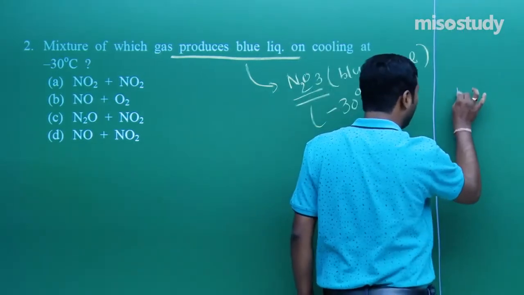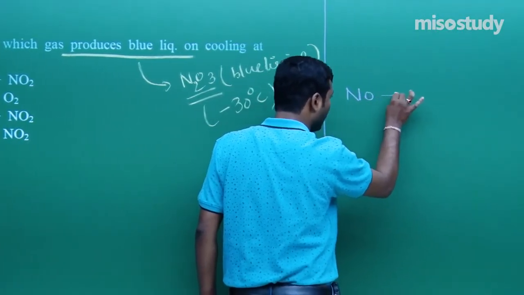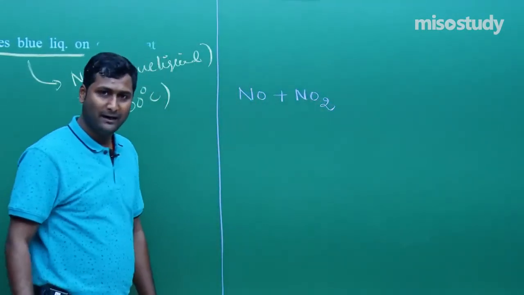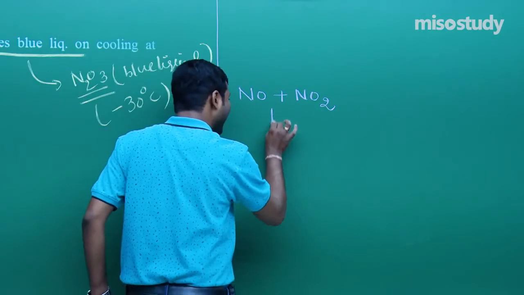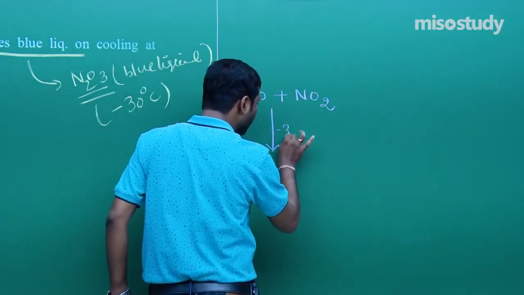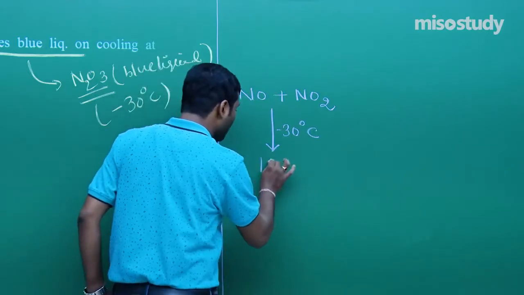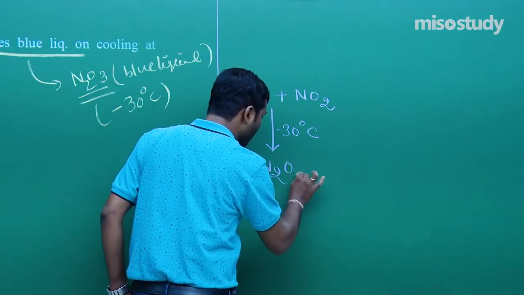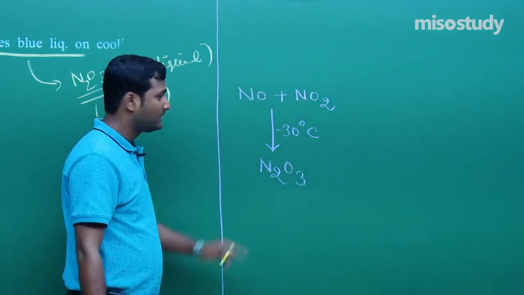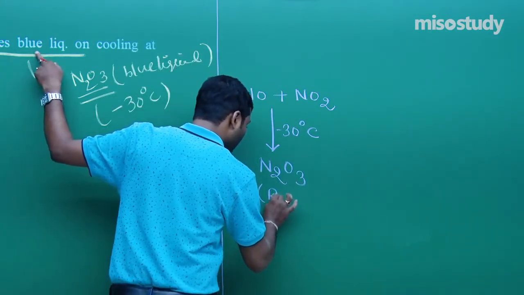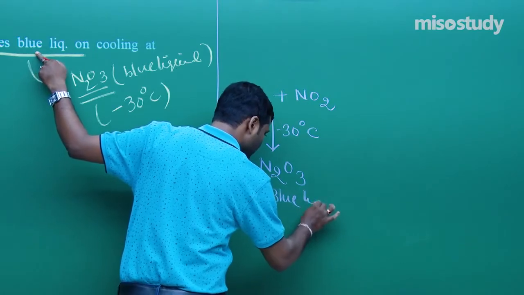If I talk about NO plus NO2, yes sir, NO plus NO2 at minus 30 degrees Celsius, what will happen? It gives you N2O3, and this is a blue liquid.